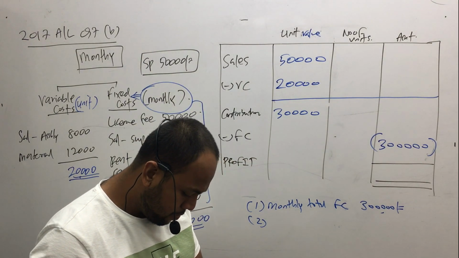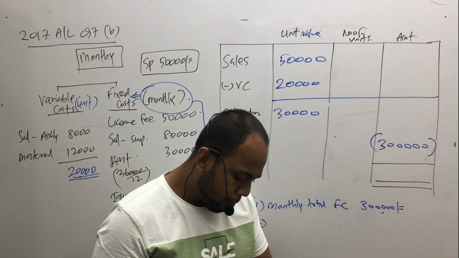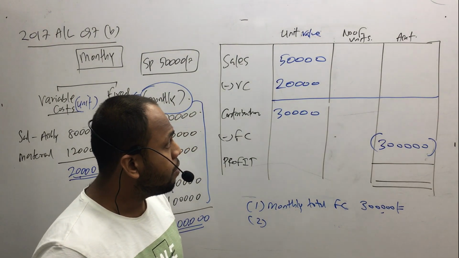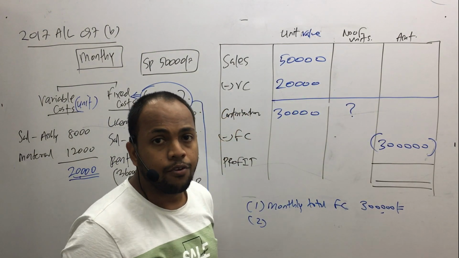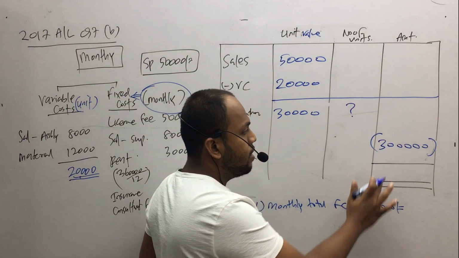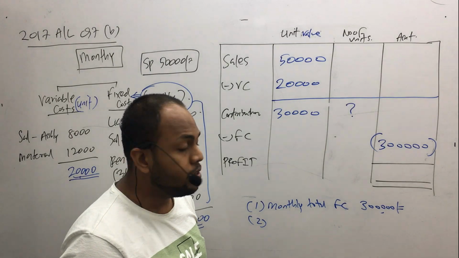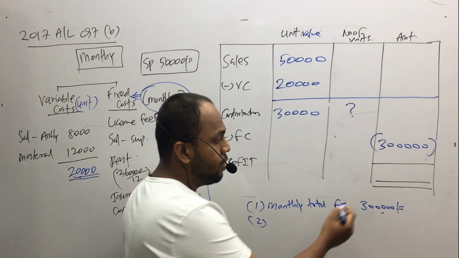Number 2. Number of computers to be sold monthly to cover the total cost. How do you calculate this? This is your break-even point.